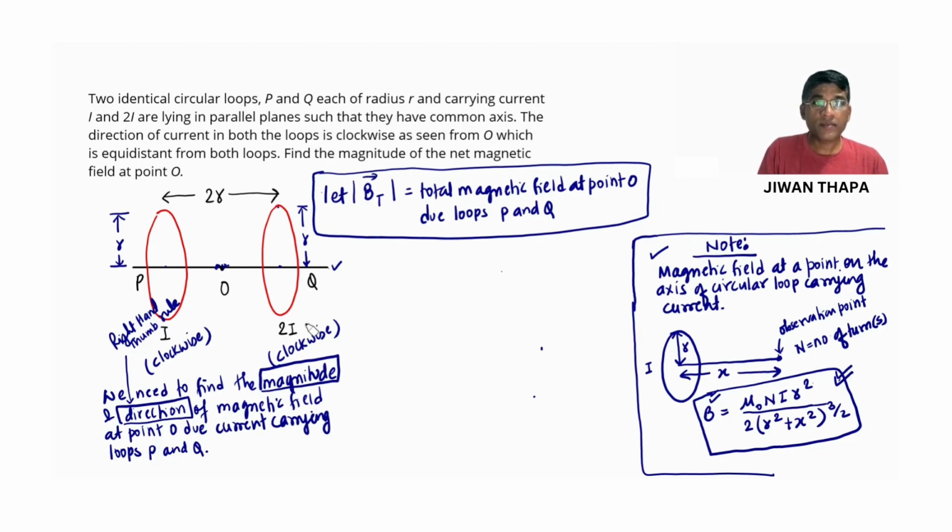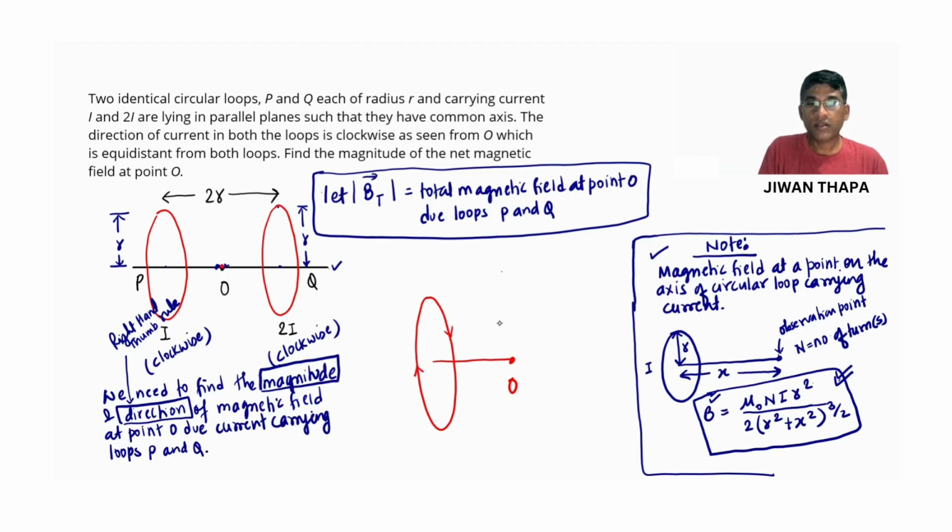Now, let us find the direction of magnetic field at point O due to loop P. This is point O, and current is flowing in clockwise direction.